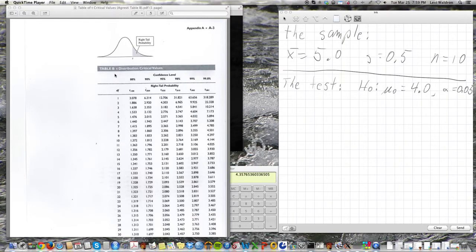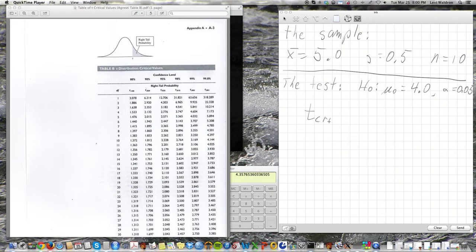So when we're doing a hypothesis test with the t-distribution, which we're doing because we're estimating the standard deviation from the sample, we're going to start on the t-table and look up for that confidence level, the 95% or alpha over 2 equals 0.025, what the critical value is.